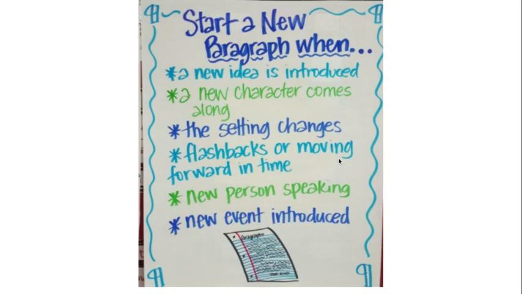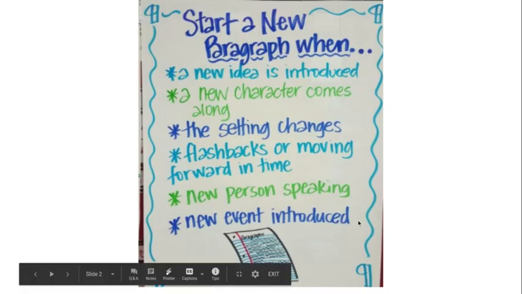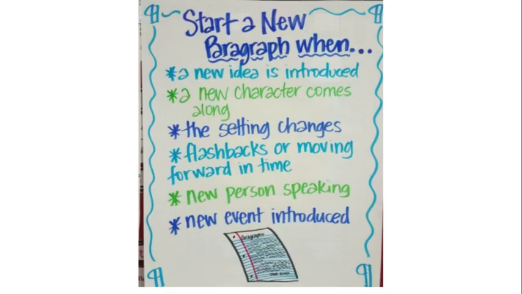If you're doing a flashback or moving forward in time, which we practiced yesterday with our transitions, then you need to start a new paragraph. Earlier this week, we talked about how whenever a new person starts speaking in conversation or dialogue, you need to start a new paragraph. And finally, when a new event is introduced or something new happens in the story.